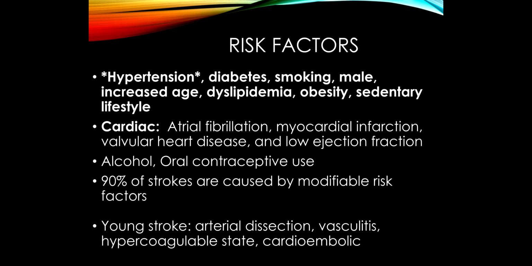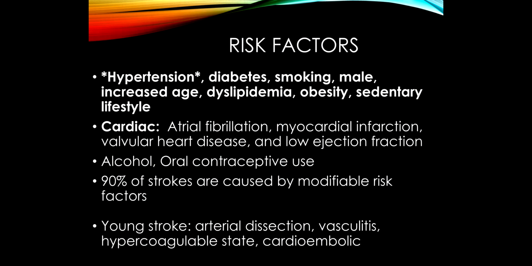So if we have a younger individual that has had a stroke, remember cardioembolic would be one possibility, but also if it's at all related to trauma, someone is in a car accident or something like that and they have a stroke, assume that is due to a dissection, either of the carotid artery, if it's an anterior circulation stroke, or of the vertebral artery, if it's a posterior circulation stroke.